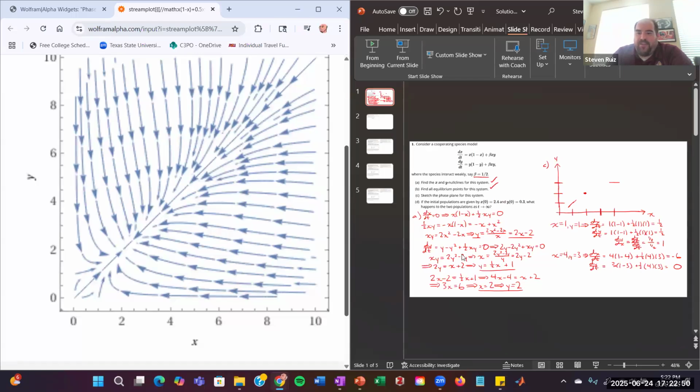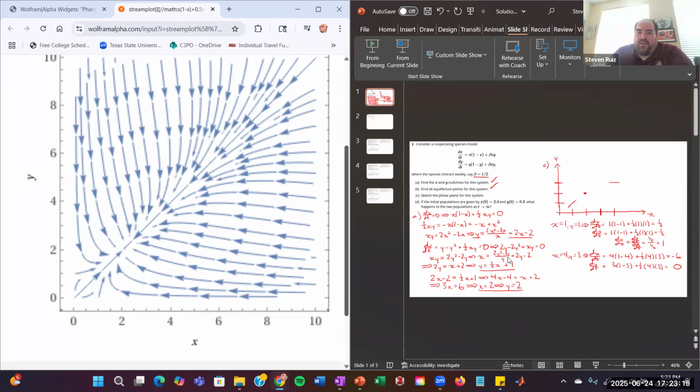So let me look at the right one. y times 1 minus y, so that's y minus y squared, plus 1/2 xy equals 0. Doubling everything gives me 2y minus 2y squared plus xy equals 0. Keep xy where it is, move everything else over. xy equals 2y squared minus 2y.